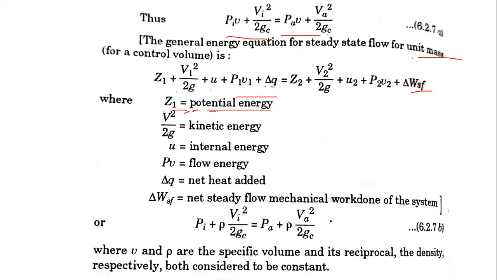Here we know that V is the specific volume and rho is its reciprocal, the density. Both are considered to be constant here.